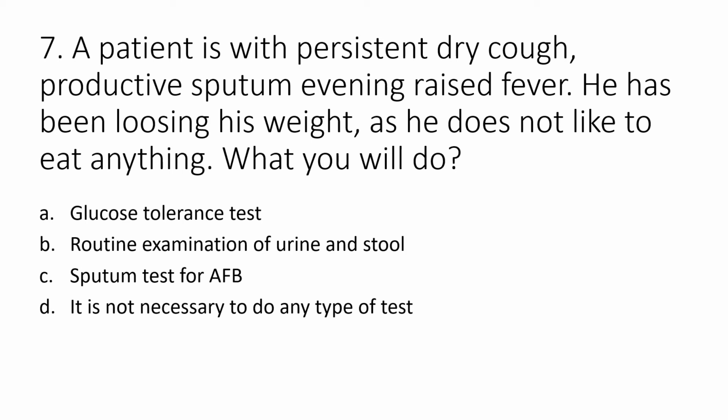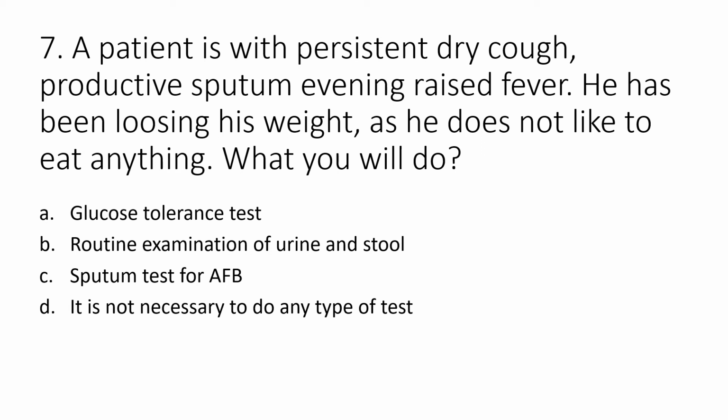So let me quickly explain such tests. The glucose tolerance test is mostly done to identify the blood glucose level in our body, to check for diabetic patients. Option B, routine examination of urine and stool, is mostly done for patients who have diarrhea or constipation or any other kind of bowel problems and worm infestations.